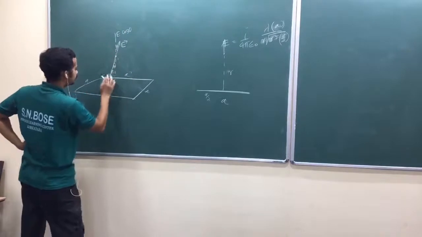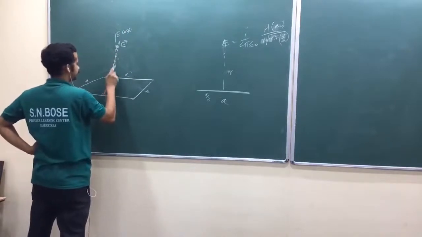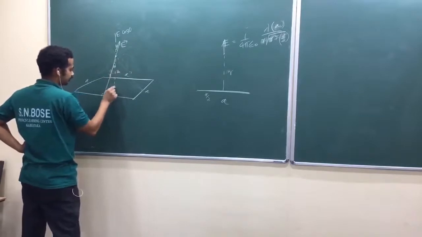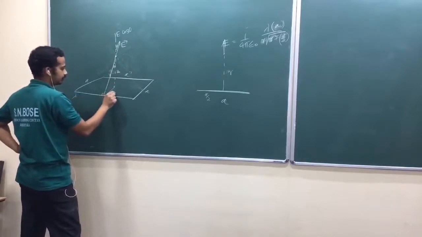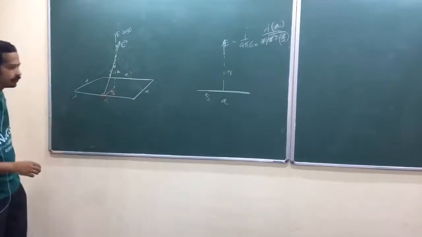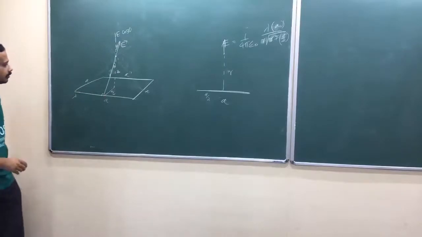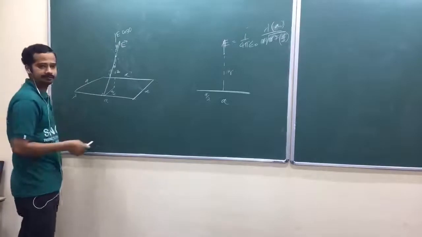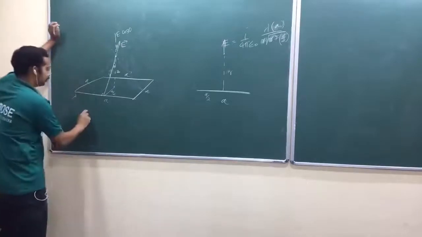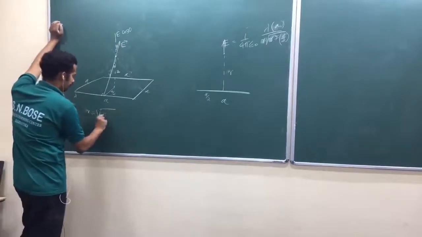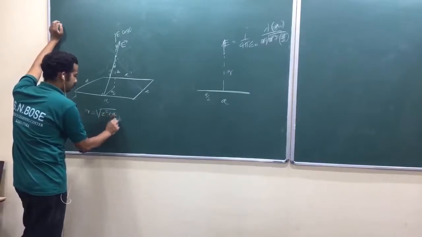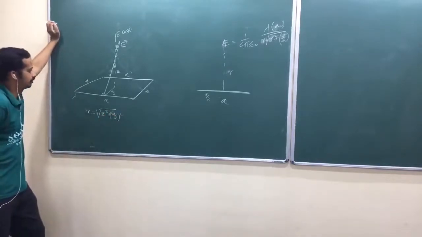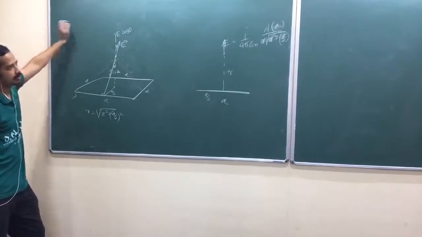This is R. This is Z. This is R. What is this one? A by 2. A by 2, Z, you can find R. R equals root of Z square plus A by 2 the whole square. Yeah, that's what I got over there.